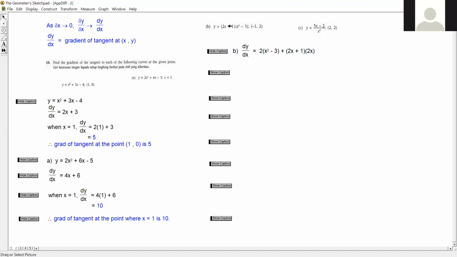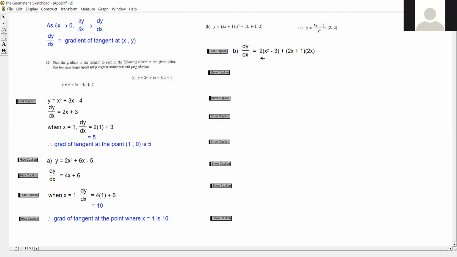In order to use the product rule, you have to differentiate the first bracket, then keep the second bracket. After that, plus, keep the first one, differentiate the second bracket. Is this what you will get? Yes or no?